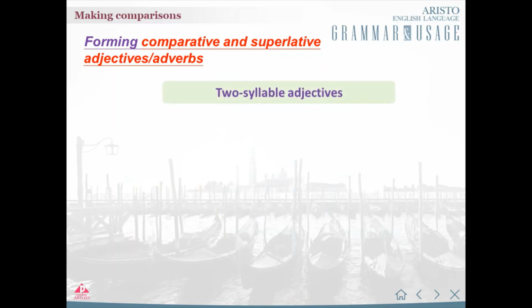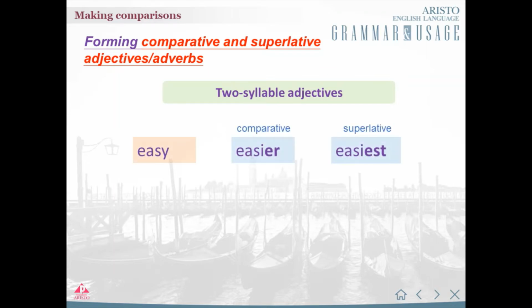With two-syllable adjectives, usually we use more or most before them to form the comparative or superlative. If a word ends in er or y, we can add er and est, as we do for one-syllable adjectives. Here is an example.